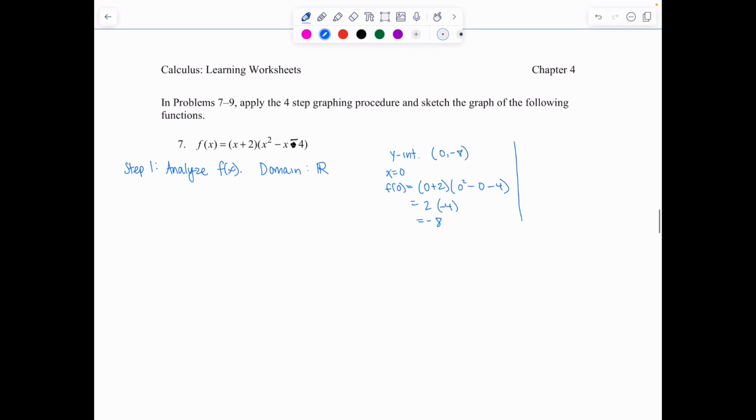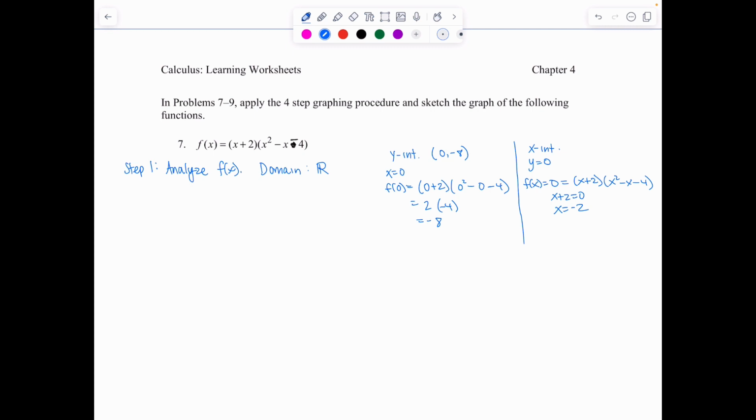And our x-intercept, we're making y 0. So we have x plus 2 times x squared minus x minus 4, which means x plus 2 equals 0, x equals negative 2.